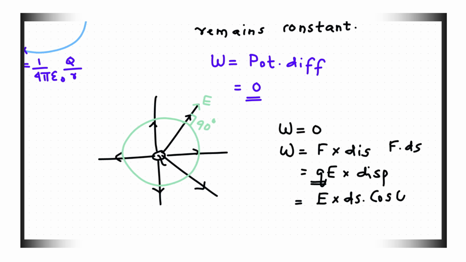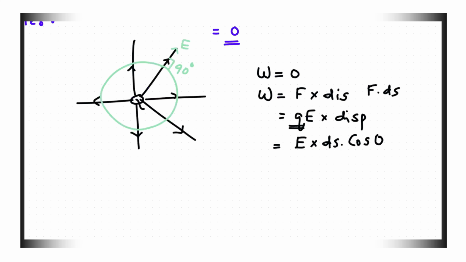Now this will be 0. That means if work is to be 0, electric field cannot be 0, displacement cannot be 0, then the only option is that cos theta should go to 0. And cos theta is 0 only for 90 degrees. That's how we say that all the electric field lines are always normal to the equipotential surface.